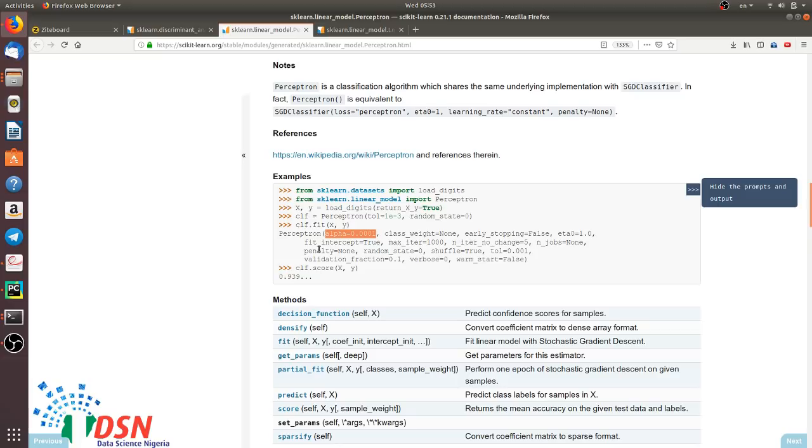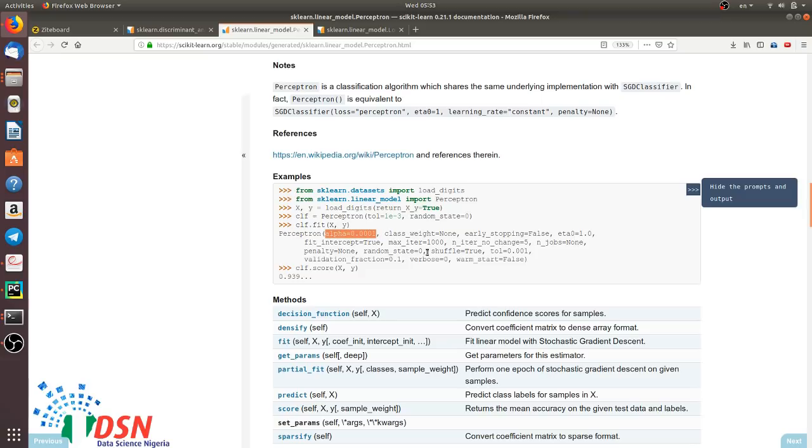And the regularization is L2 regularization. So your cost function of Perceptron has another term, which is the L2 norm of the weights, and this is the lambda that we talked about, okay?